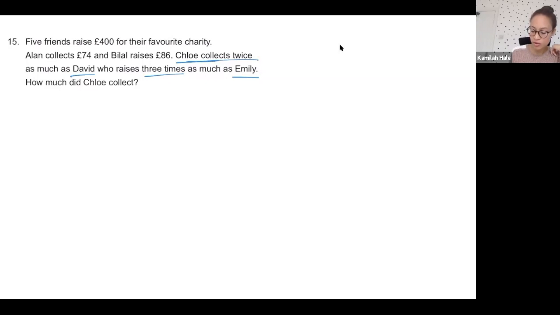Just make sure you've got your numbers in the right order when you're sending me that. The ratio part we can use for Chloe, David, and Emily, but we don't know how much their amounts add up to yet. What we need to do first is subtract 74 and 86 from 400 to figure out what the other amounts add up to. So can you do 74 plus 86, and then take that from 400 and let me know what you get.